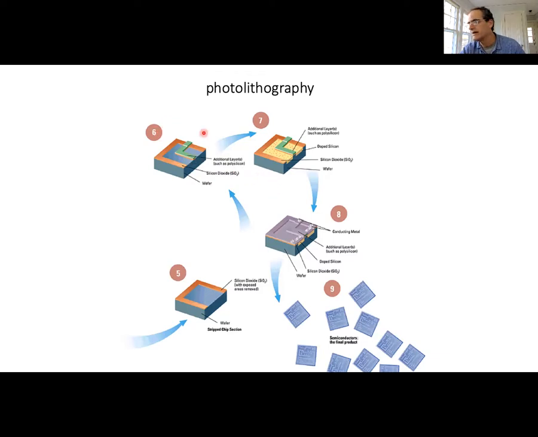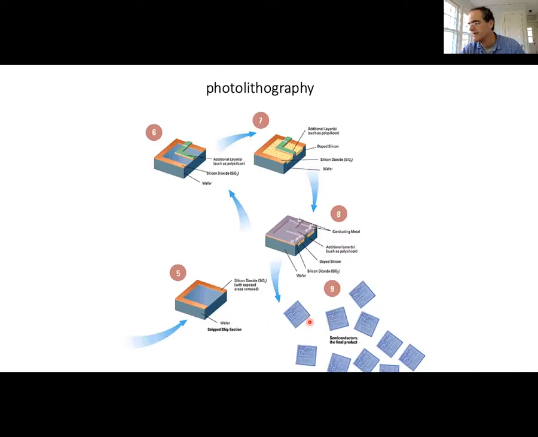Through multiple layers, through multiple photolithography steps, we can develop complex patterns on the surface that end up transferring the entire circuit that we want to build onto the surface. Okay? Then in the end, the material with all the layers that are required is finally done.